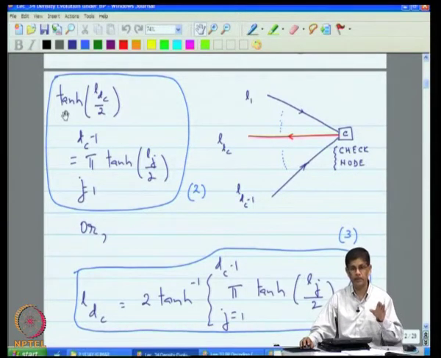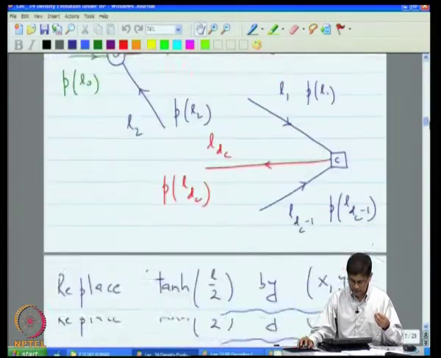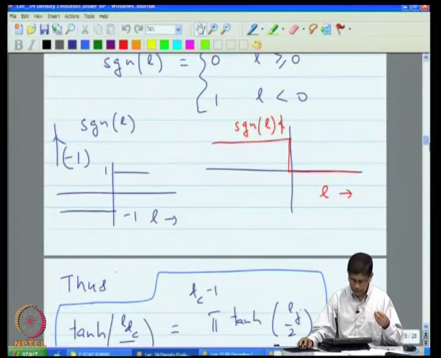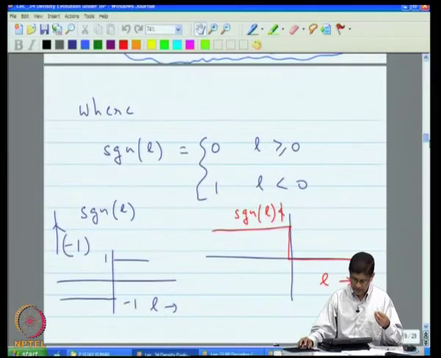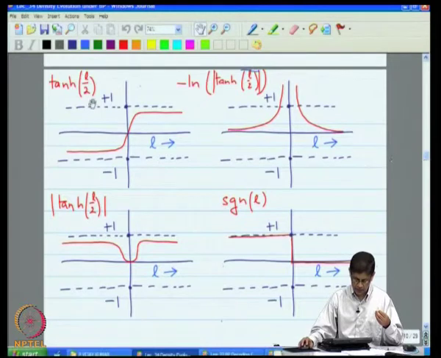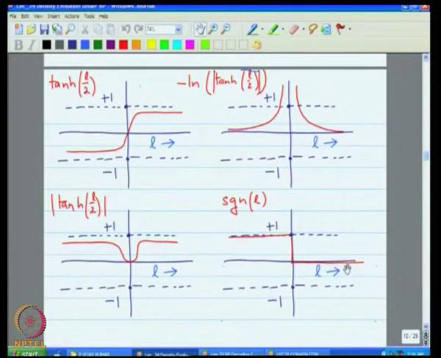So, what you do is you break up the tan hyperbolic into a sign part and then a magnitude part, and that complicates things. So, that is what we actually did. We break this up into a sign part and a magnitude part. Okay. So, that is the sign here and then the magnitude, and so here is your tan hyperbolic, and the sign part is over here. The sign function, we want it to be a 0 1 function for convenience and tractability.